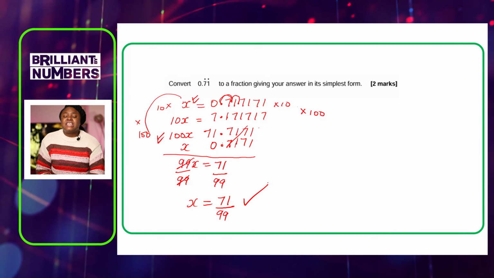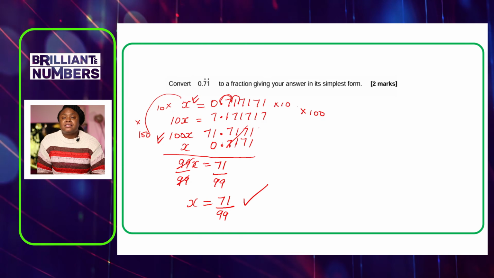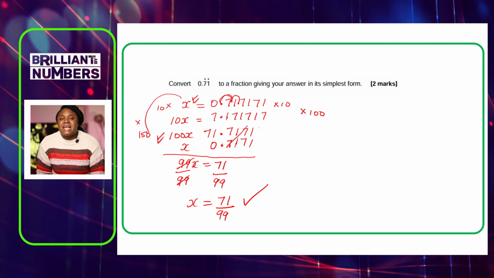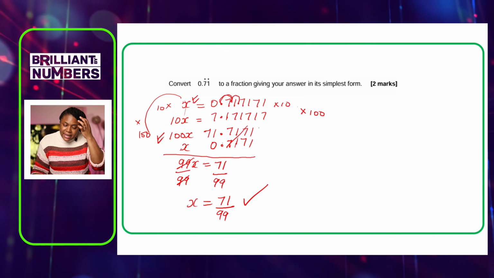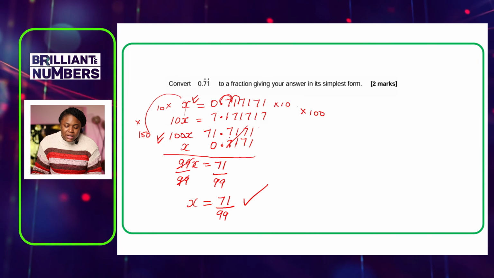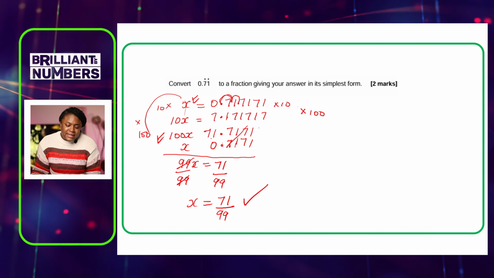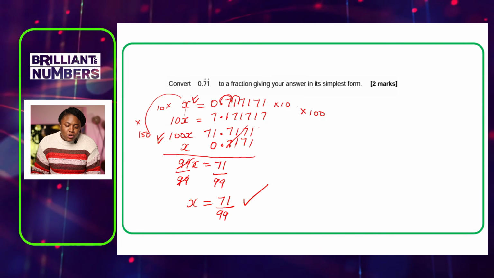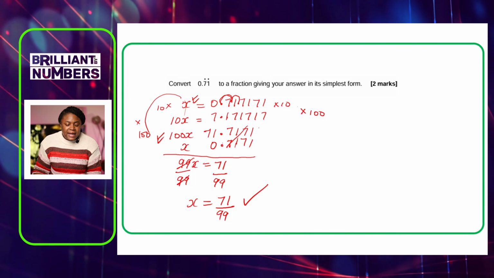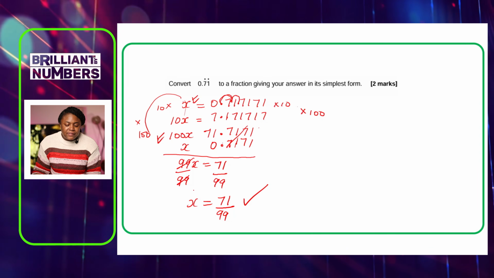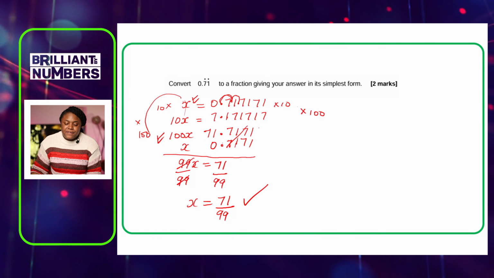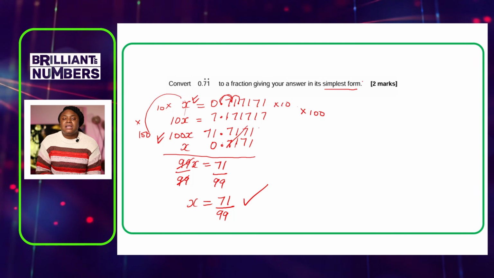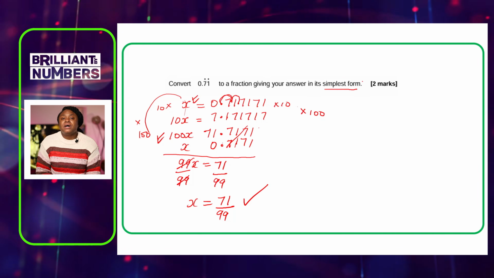So as a fraction in its simplest form, the answer is 71/99. Beautiful. So just make sure you make scale factors, look for the two. When you line them up, you can subtract and get a whole number. And my whole number here is 71. Then I divide by the coefficient of x. And now I can see that I've gotten a fraction, and also it's in its simplest form.